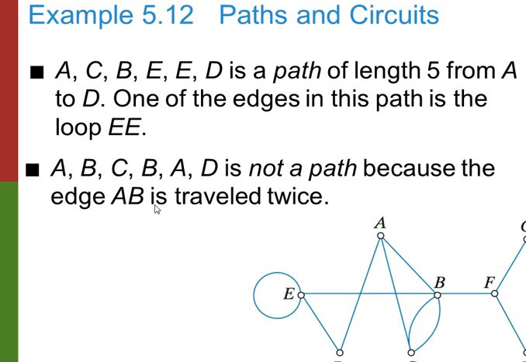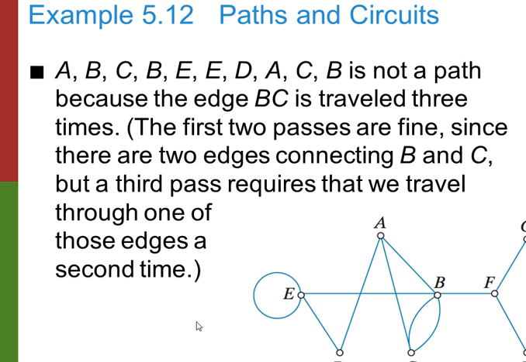I no longer have a path. A, B, C, D, double E, D, A, C, B is not a path because I traveled B, C twice. No, I traveled it 3 times. That's even worse. The first 2 passes are fine, because there's 2 of them, but then when I did it a 3rd time, I no longer have a path.